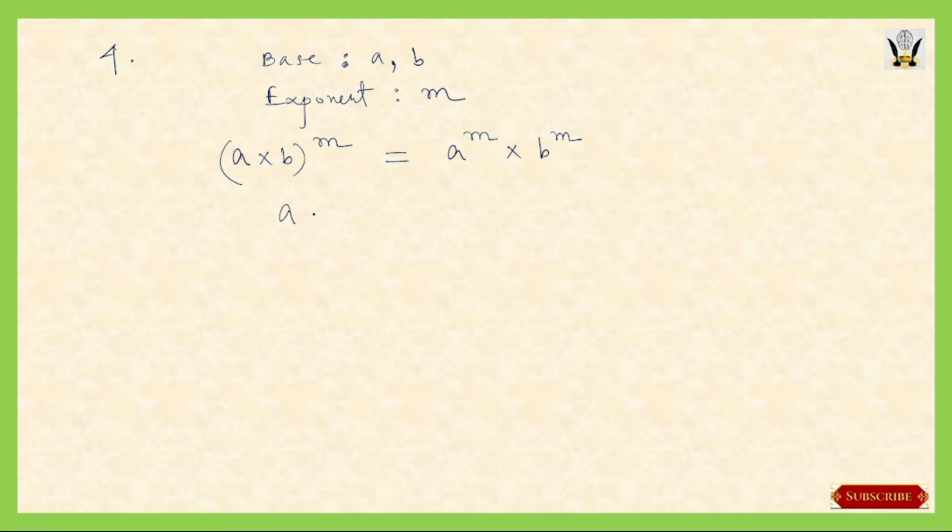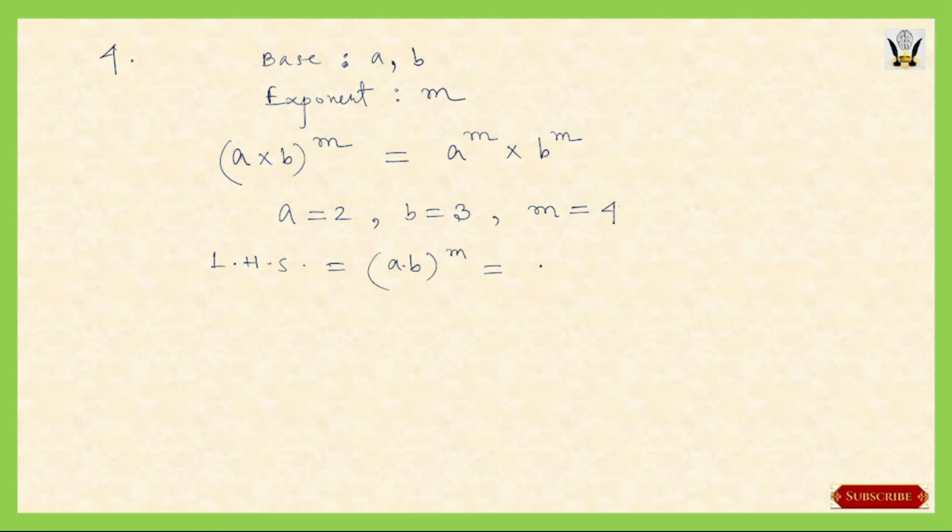Now let's understand this with a real example. Suppose we take a as 2, b as 3, and we choose the exponent m as 4. Then the left hand side of this law, if we evaluate, what will we get? First the bases will be multiplied. So here (ab) to the power m.